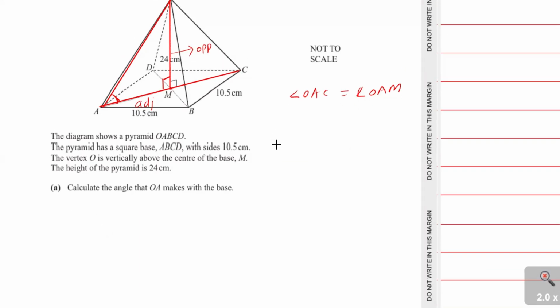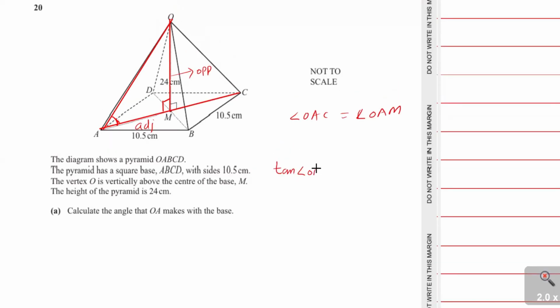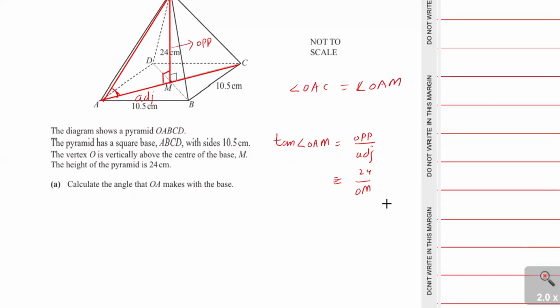We use the trigonometric ratio: tan of angle OAM equals opposite side over adjacent side. The opposite side is 24 and the adjacent side is OM, and we can calculate this length OM.